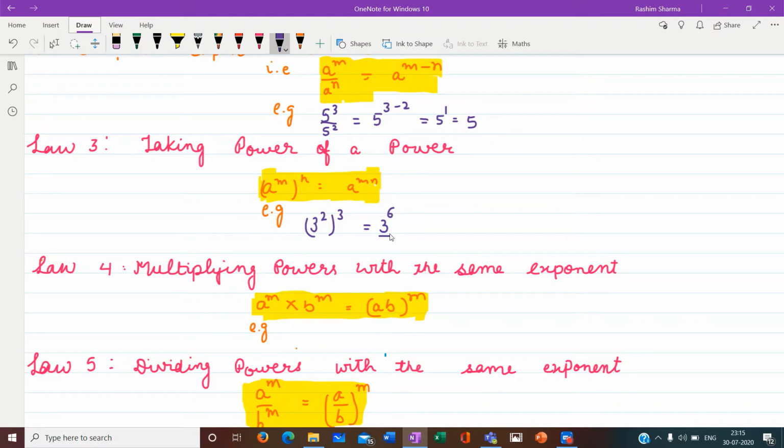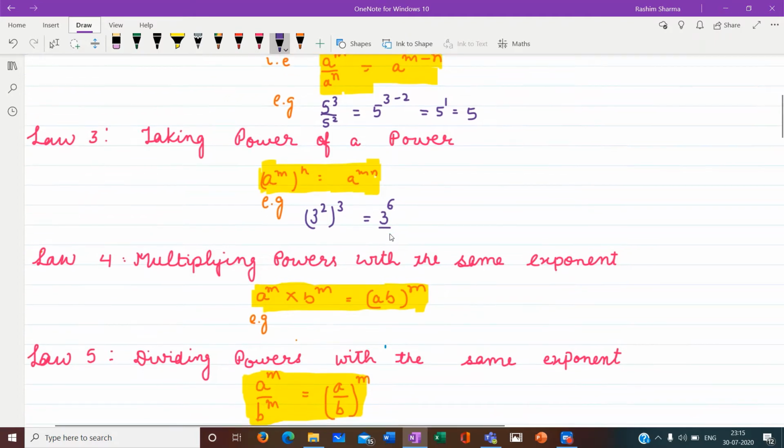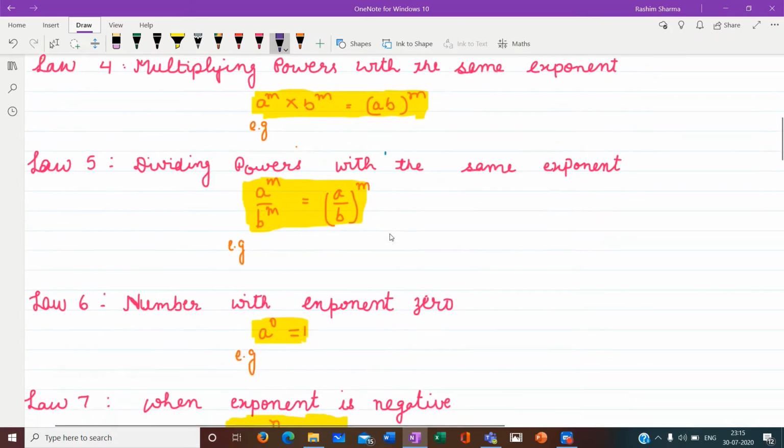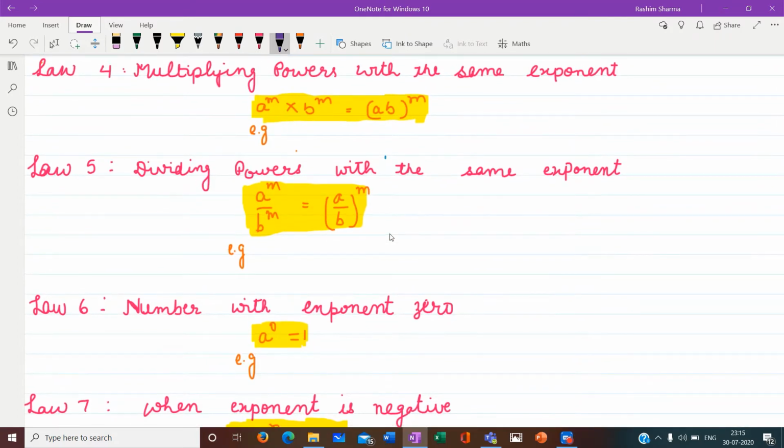Okay. Now fourth law says multiplying powers with the same exponent. Now here we have two different bases a and b, but power is same both the times. Power is m and m. It means when we have same exponent but different base, at that time exponent remains same but bases get multiplied.